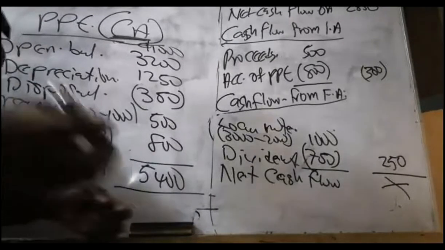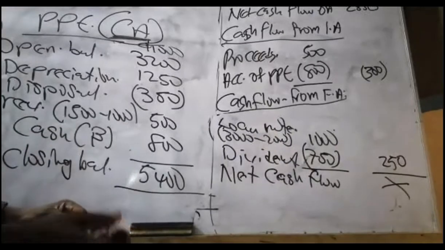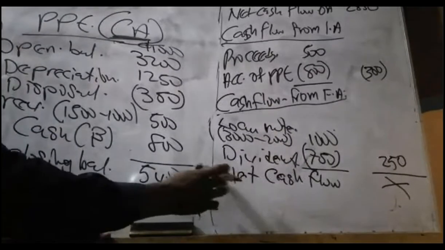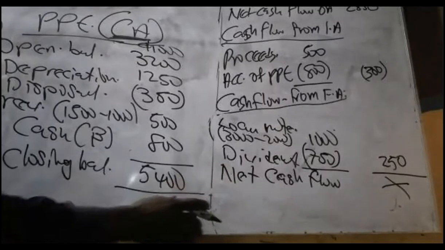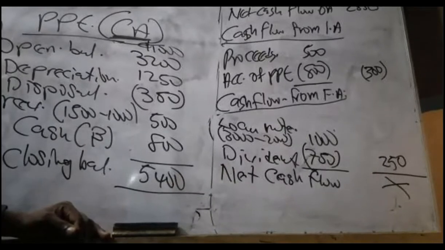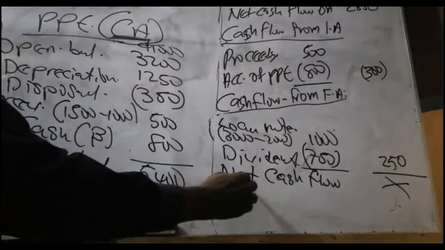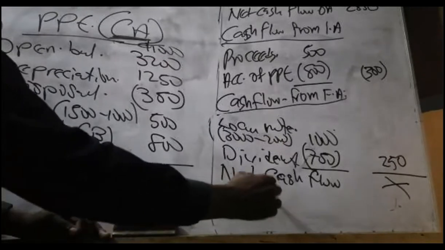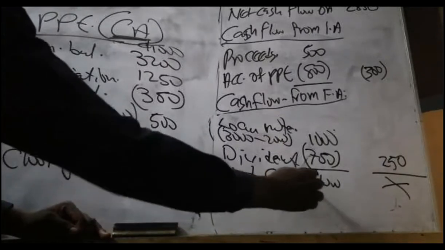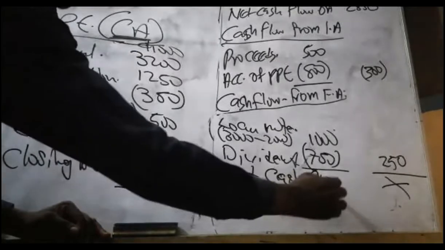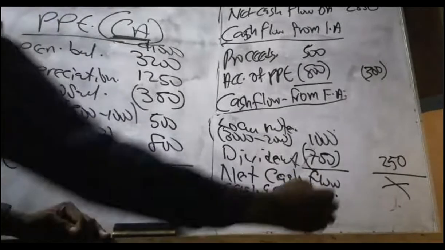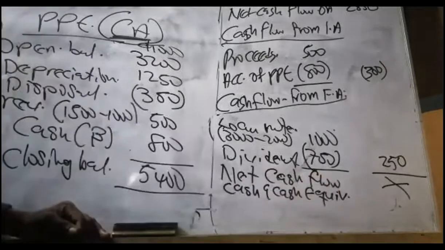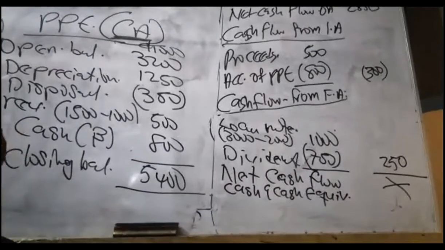So you go to your cash and cash equivalents at the start of the year. Cash and cash equivalents: some of the items look like cash. They are equivalent to cash, but they themselves are not cash at the moment.